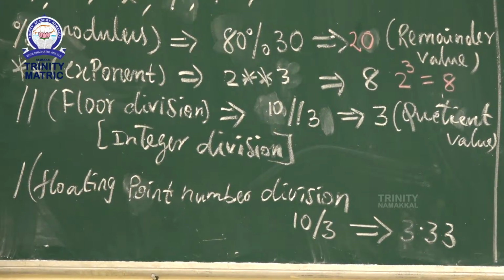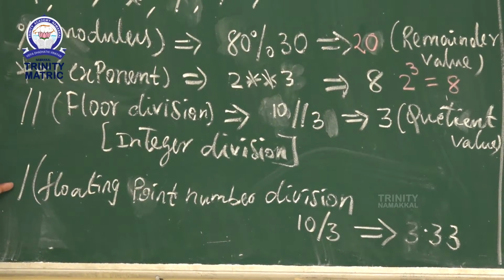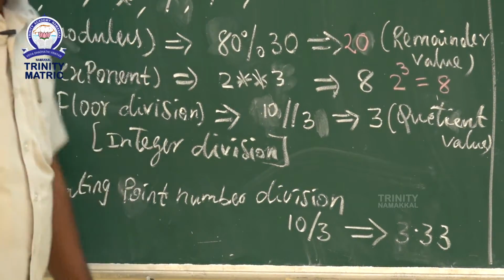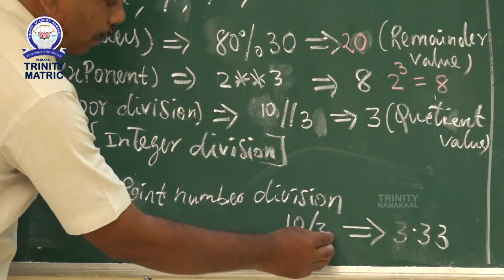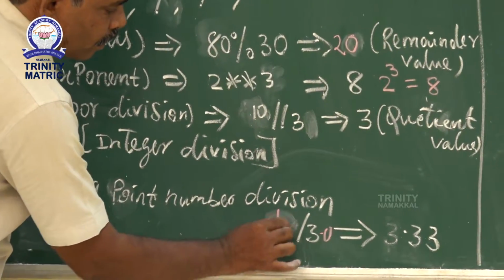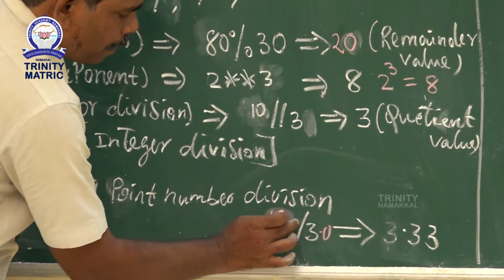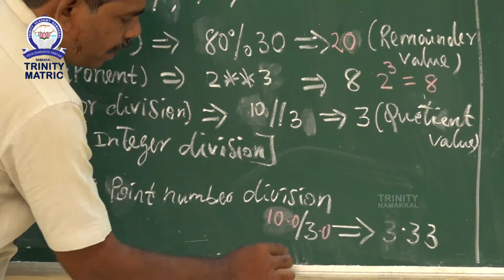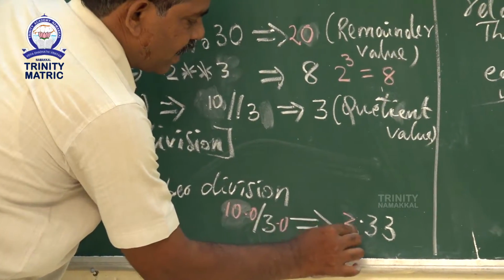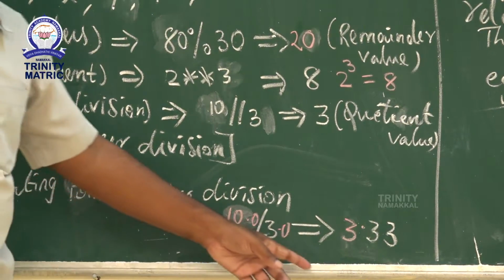So what is the difference between double slash and single slash? Single slash is used for floating point number division, that means float numbers like 3.0 or 10.0. See 10.0 by 3.0. The result of this division is as usual, like in mathematics.